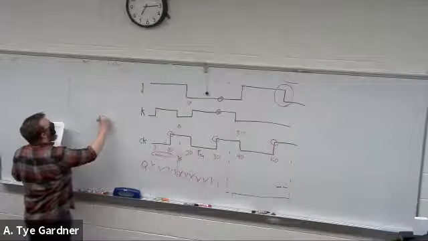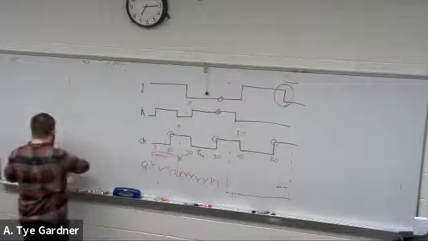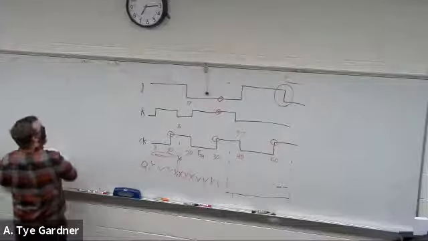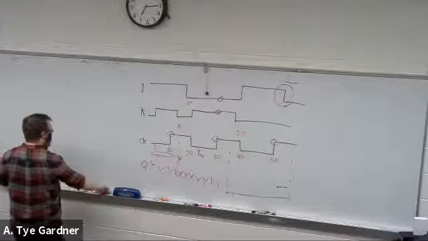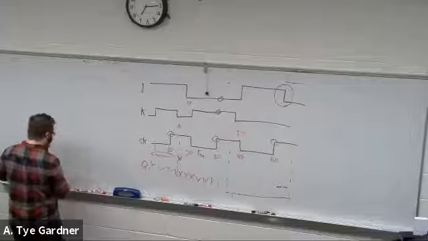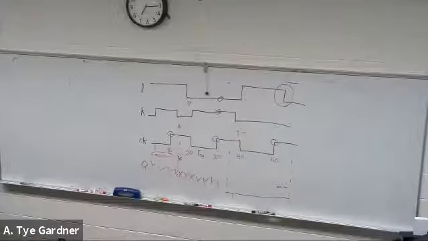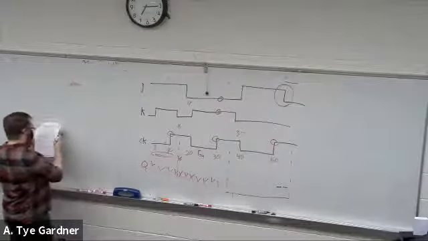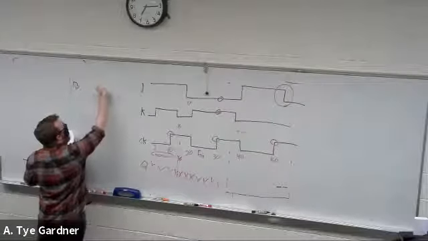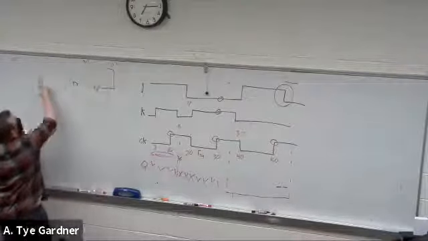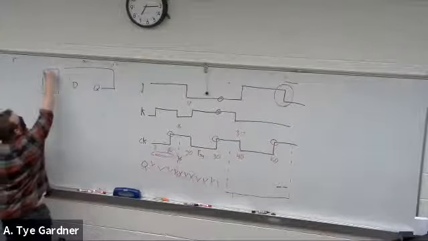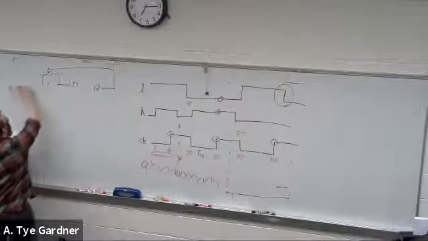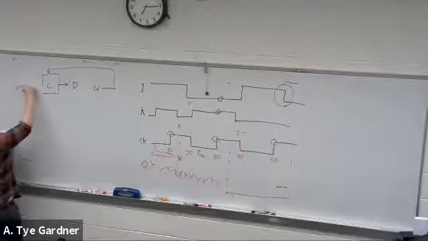So let's go ahead and say, oh, this is an awful color. Okay. B flip-flop. Q. It passes around. I have combinational logic. I also have inputs.